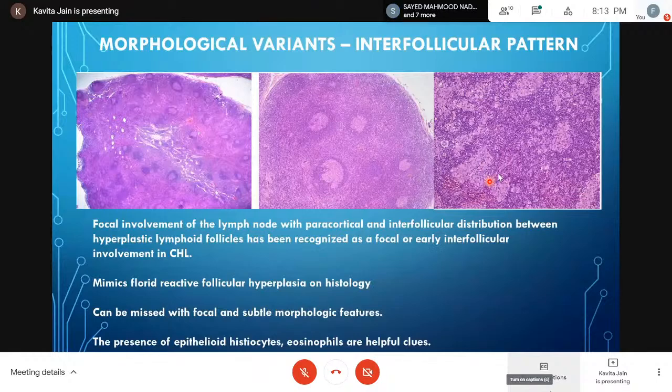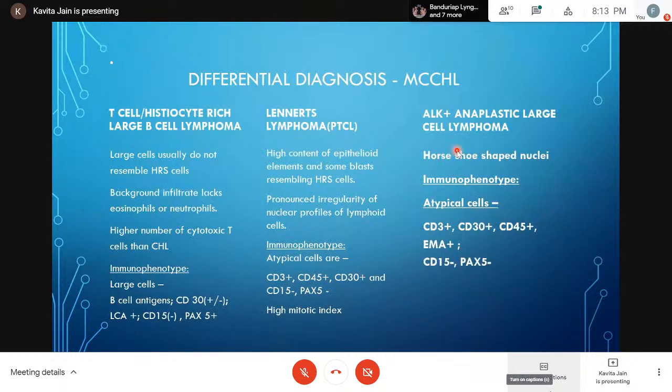And so these are some epithelioid histiocytes in between the parafollicular areas, and so the search was helpful, where we could find some atypical RS cells. So again, the differential diagnosis is T-cell rich non-Hodgkin's lymphoma, large B cell. Again, the large cells usually do not resemble the RS cells.